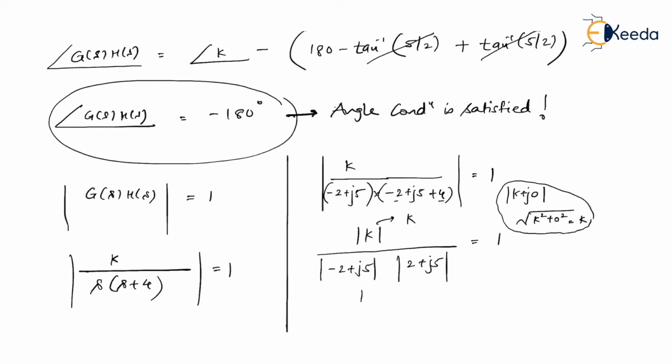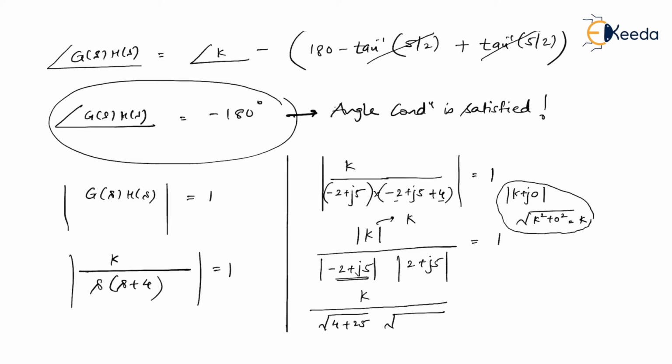So obviously modulus of k is k divided by, now if I take the mod of this, mod of a plus jb is what? It is under root of a square plus b square. So ultimately it becomes under root of 4 plus 25.